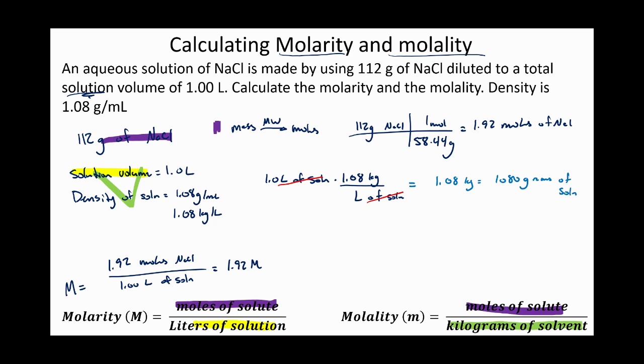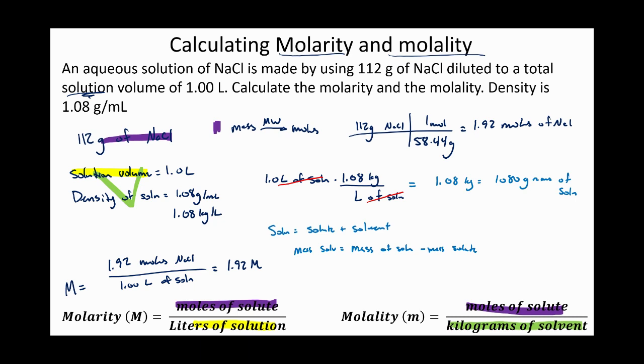We know that the solution is composed of both the solute plus the solvent, and so the mass of solution must be the sum of those as well. If I'm trying to solve for mass of solvent, I just have that mass solvent, SOLV, must be equal to the mass of solution minus the mass of my solute.